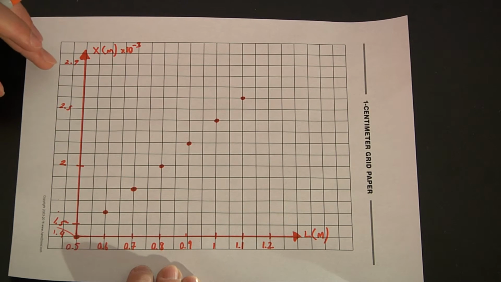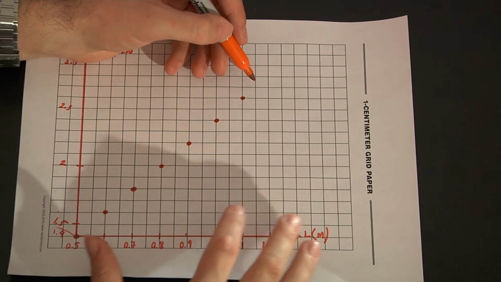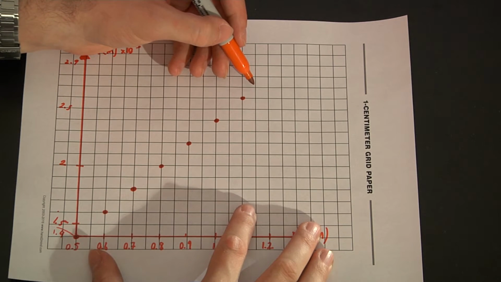And now we place all of our points. Now we're going to draw the best fit line. And this is going to be a straight line.